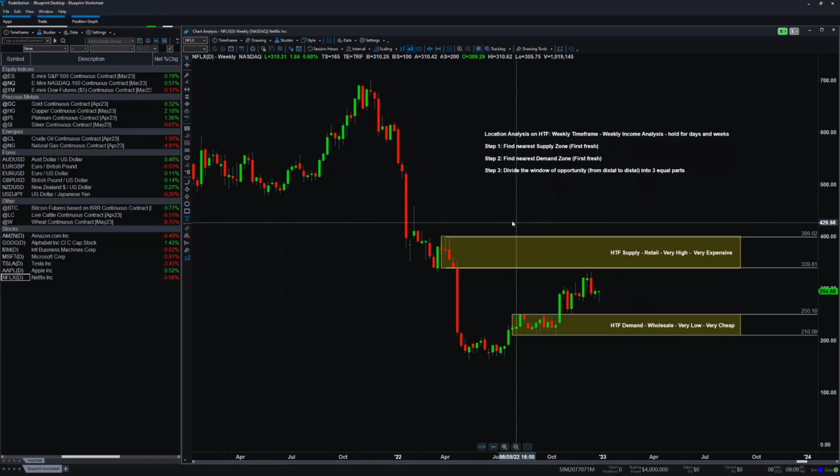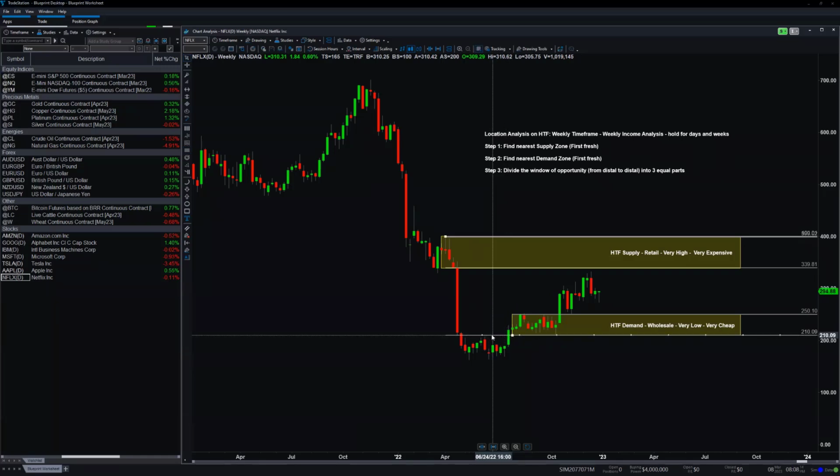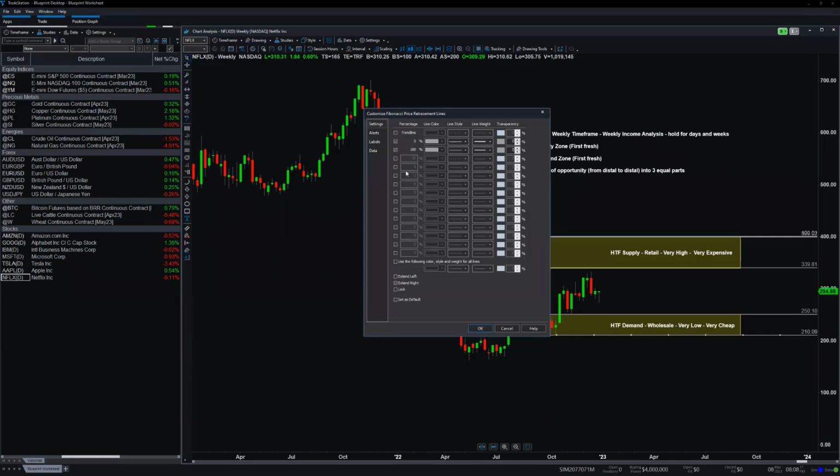Again, with the Fibonacci, Control F, I go from the distal of the supply to the distal of the demand. And now I double click on this Fibonacci. And what I now can do is add some more inputs. For example, I could add a 33 and a 66%.